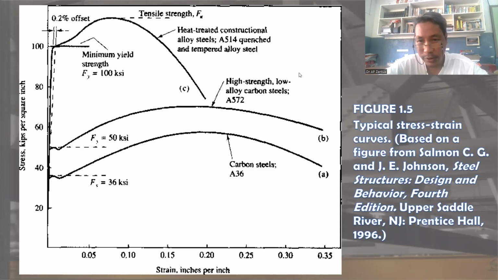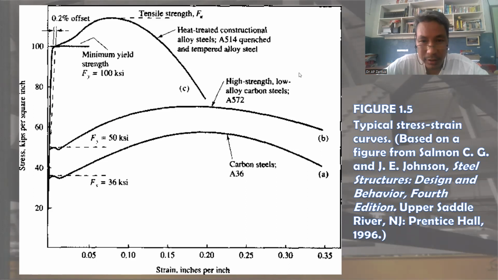And for the first time, we have a stress-strain curve that is the actual characteristic of certain common structural steels. There are three types of structural steel here: A36, A572, and A514.